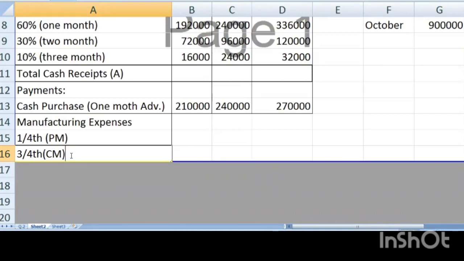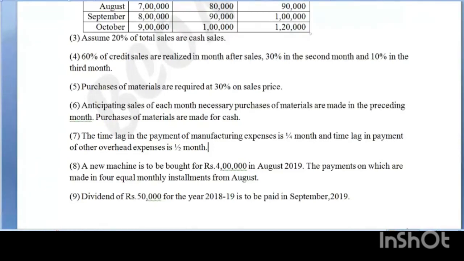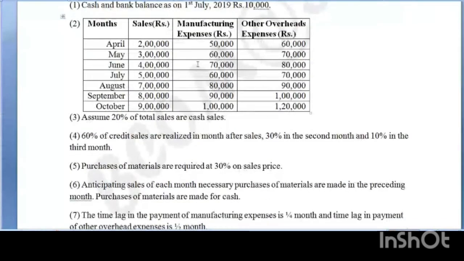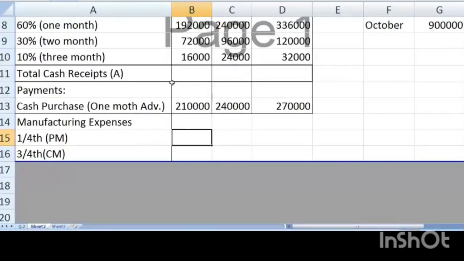Okay. So for previous month, start from June. So 70,000 into 1/4. It is 17,500.